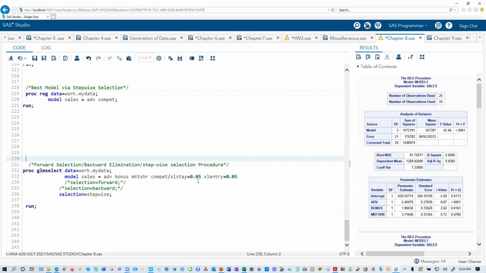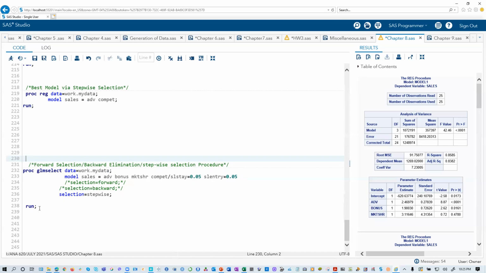This is the level of significance for one already in the system to stay. To stay, the p-value has to be less than 0.05, significant. Someone trying to get in, its p-value should also be less than 0.05. That's what they call the significance level for stay and significance level for entry.